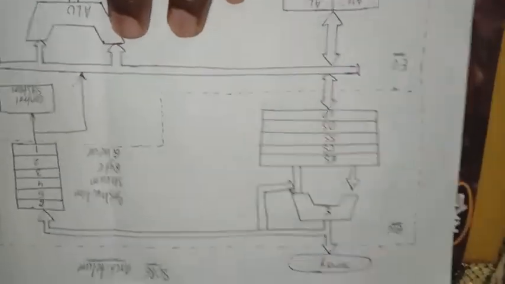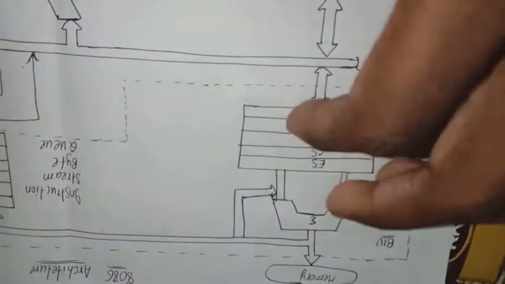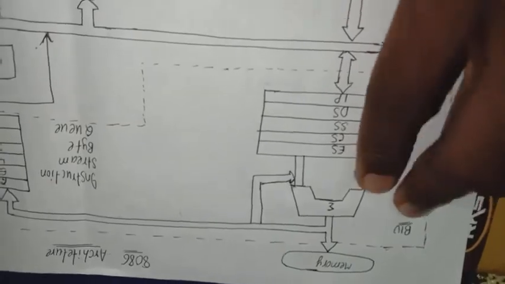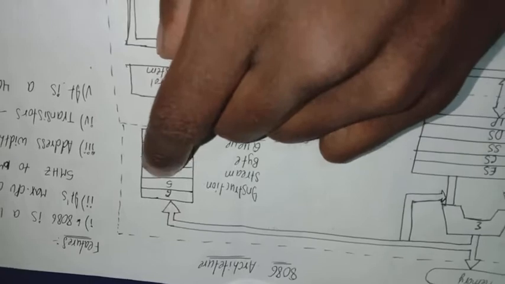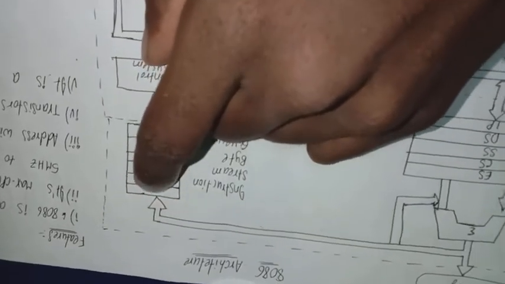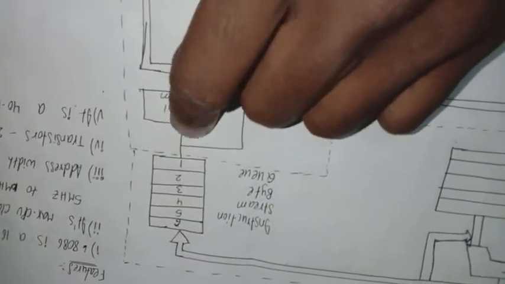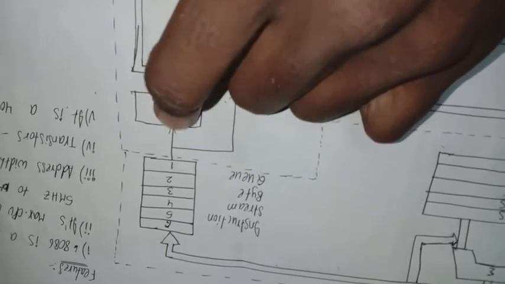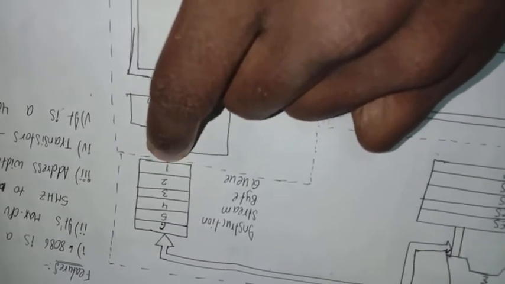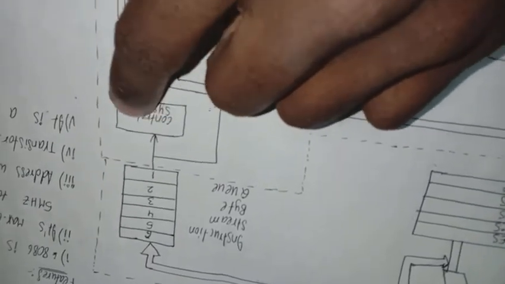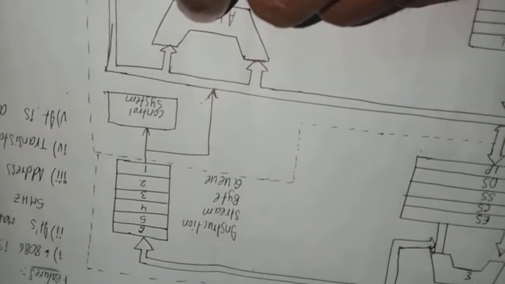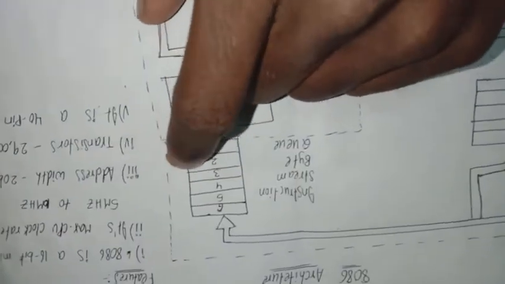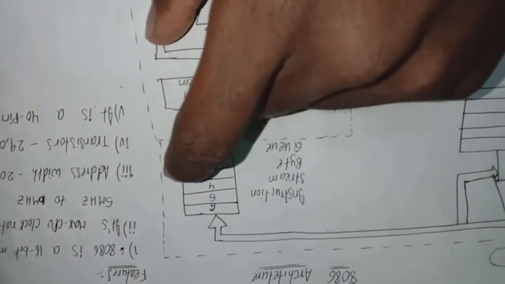So here the speed has increased, as it holds up to 6 bytes. As it is a queue, first in first out, the first byte will be taken by the control system, decoded, and sent to the ALU for further execution, and the BIU fetches the remaining 5 bytes before itself.